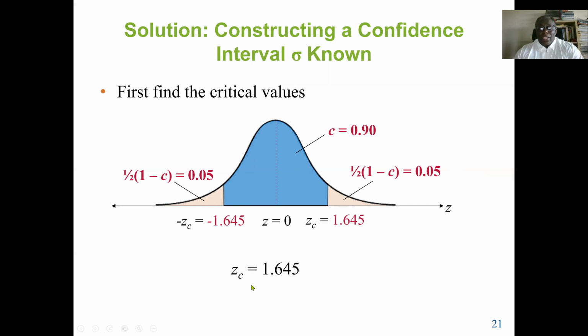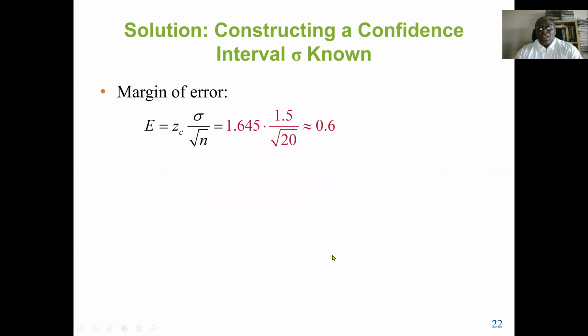So based on this, we can say that Zc is 1.645. Now, if I know Zc, then I can find the margin of error. Since the sample size is greater than or equal to 30, the margin of error will be Zc times the standard deviation of the population divided by the square root of n.